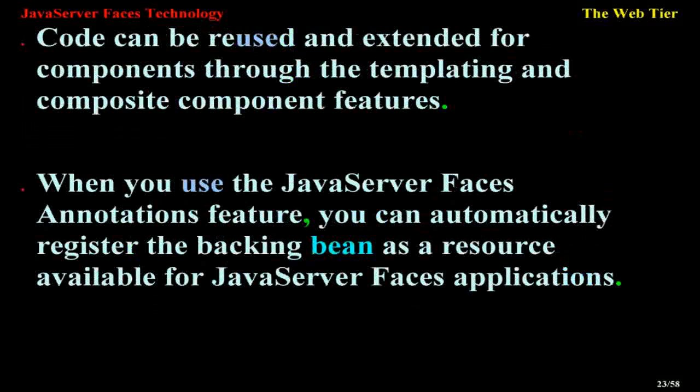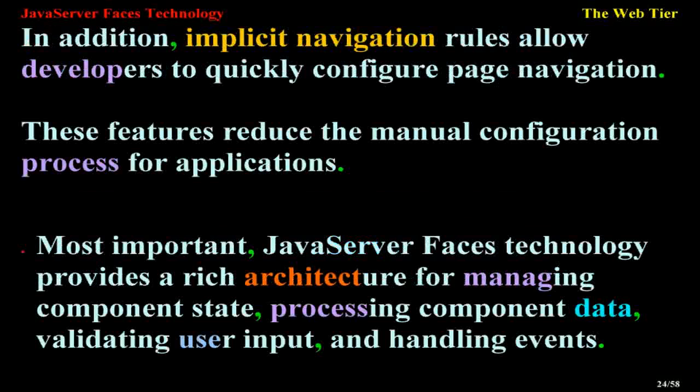Code can be reused and extended for components through the templating and composite component features. When you use the JavaServer Faces annotations feature, you can automatically register the backing bean as a resource available for JavaServer Faces applications. In addition, implicit navigation rules allow developers to quickly configure page navigation. These features reduce the manual configuration process for applications.